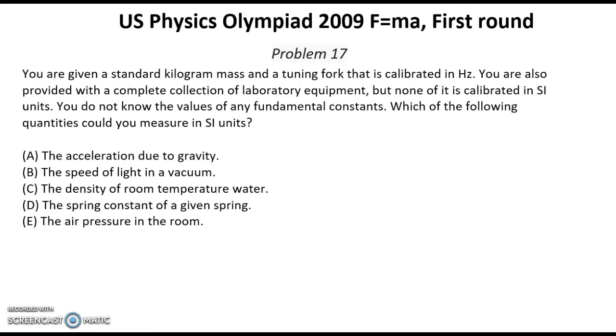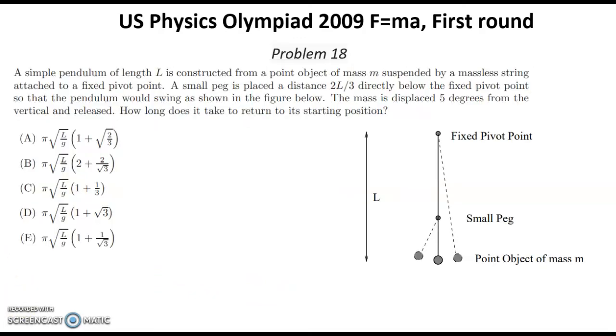So we can connect the mass to the spring, connect it to the fork like this, and measure the frequency of oscillation of this system. From this frequency we can find the constant k. This is the formula for finding the constant k. So the correct answer is D.